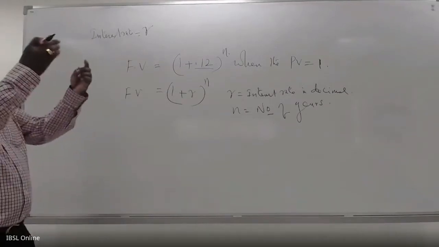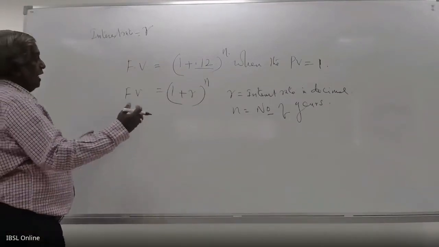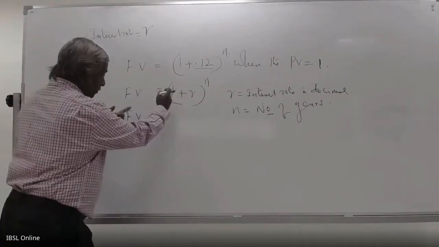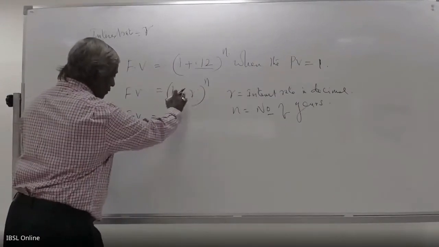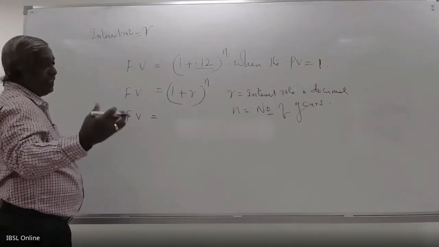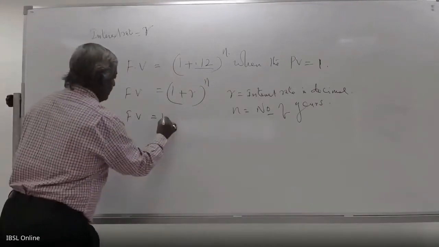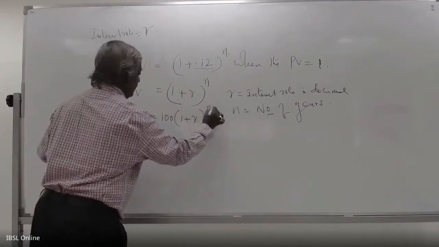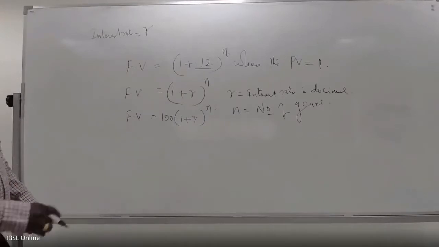So when the PV is 100 rupees, what will happen? This is for 1 rupee. If the present value we have is 100 rupees, then FV is 100 into 1 plus R to the power n.